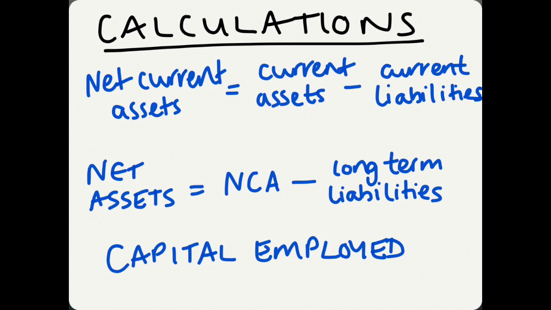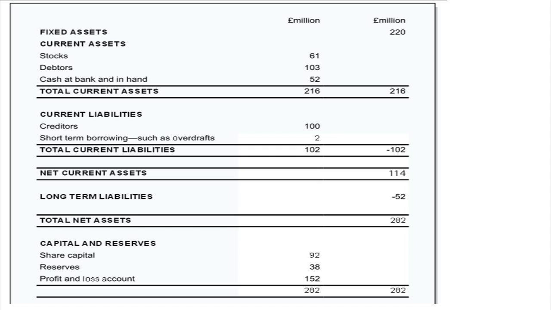Let's have a look at a balance sheet. This is what a balance sheet looks like, and again, in the exam it might not be this detailed. You're more likely to just get some extracts from a balance sheet.